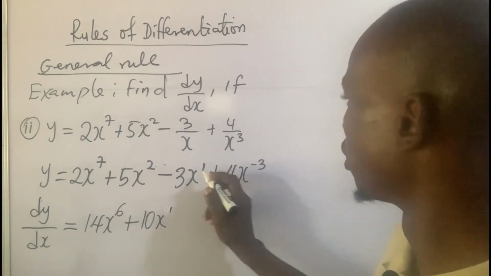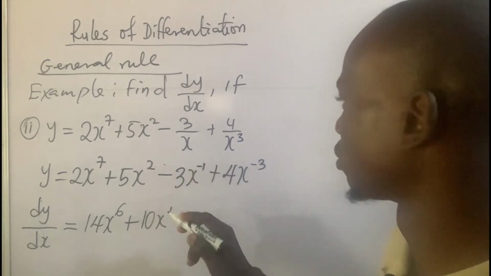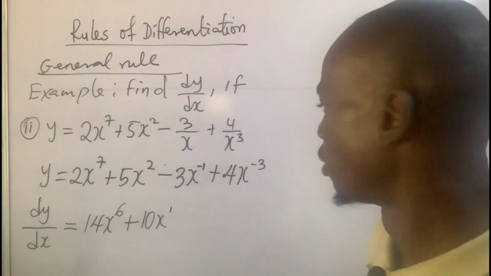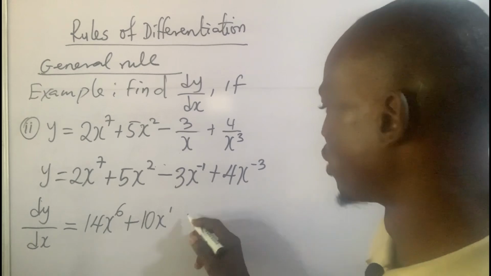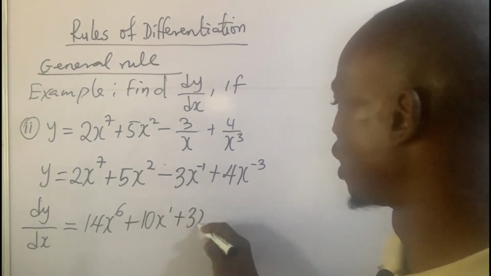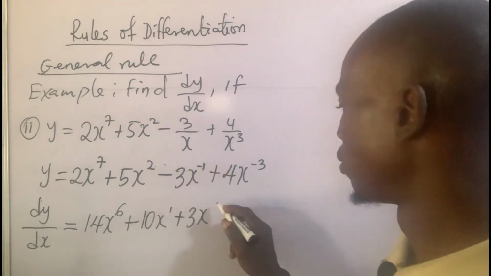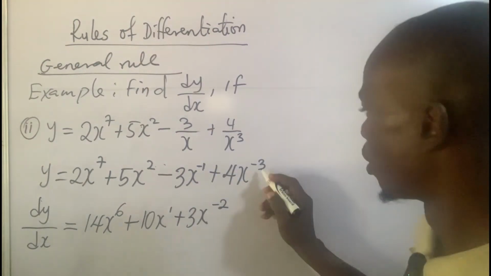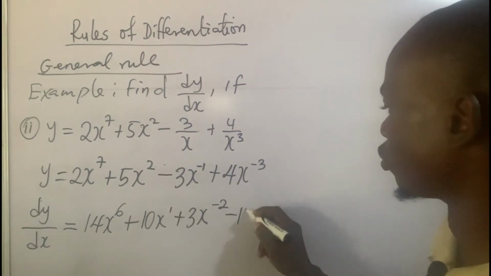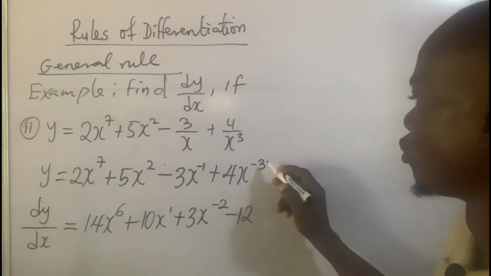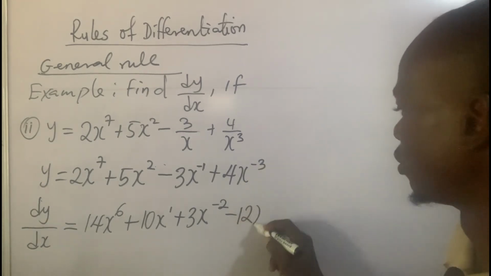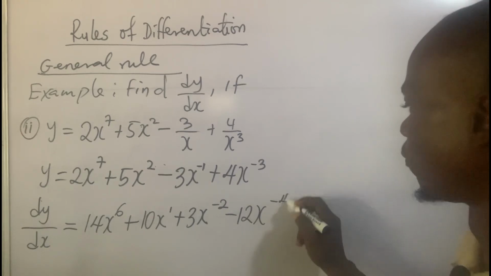Then here we have, sorry, this is minus 1. Like we said, the power becomes negated. So here we have minus 1 times minus 3, that's plus 3x. Then minus 1 from the power, minus 1 becomes minus 2. Minus 3 times 4 becomes minus 12, so that minus 3 minus 1 becomes minus 4.